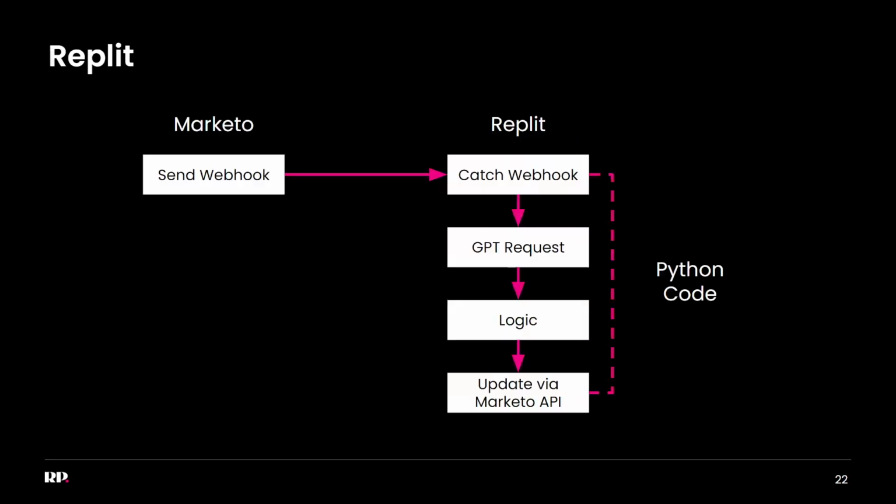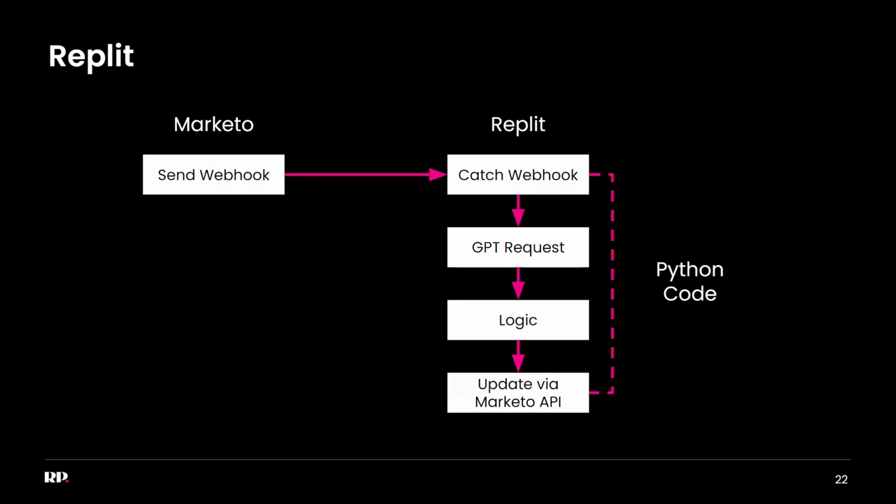And then another platform I use that I really like because I'm comfortable with Python programming is a platform called Replit. And all Replit does is it hosts Python code. So when we send a webhook from Marketo, we have this Python code in Replit listening out for that webhook. It catches the webhook containing all the information from Marketo about the person.